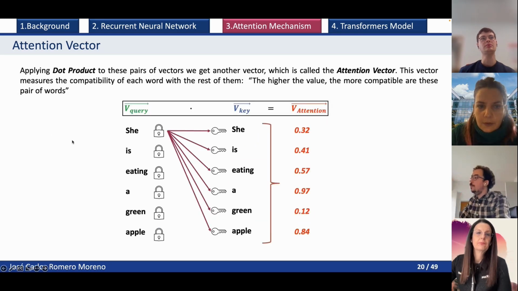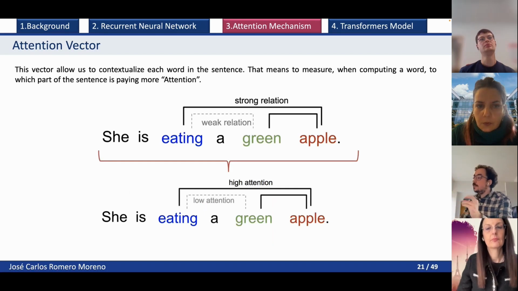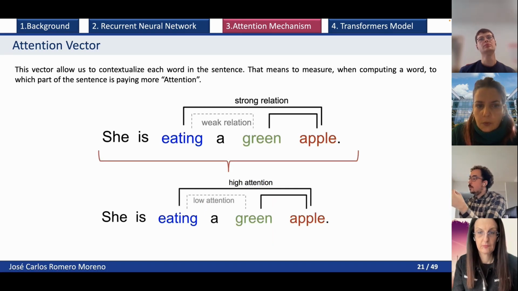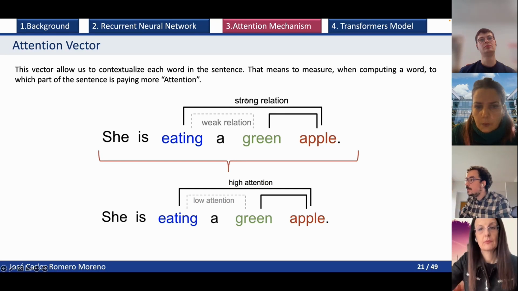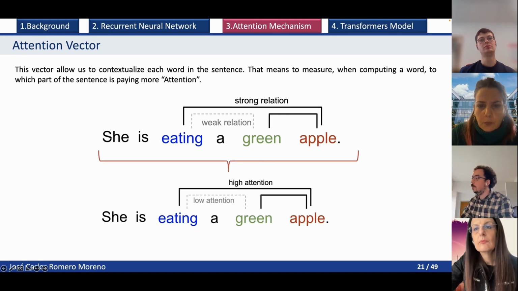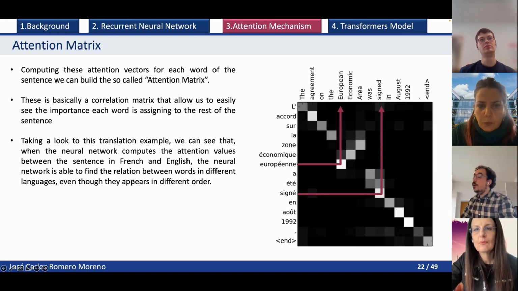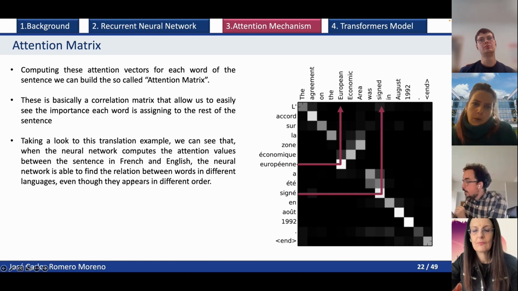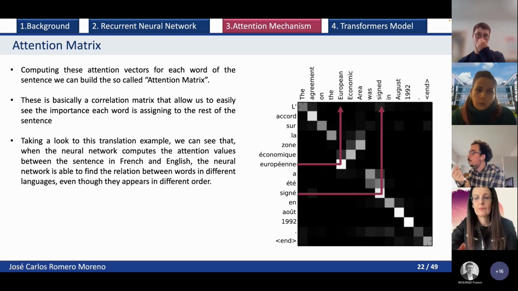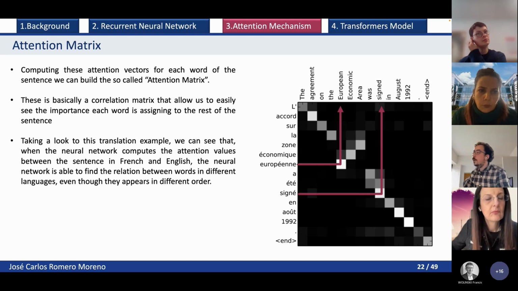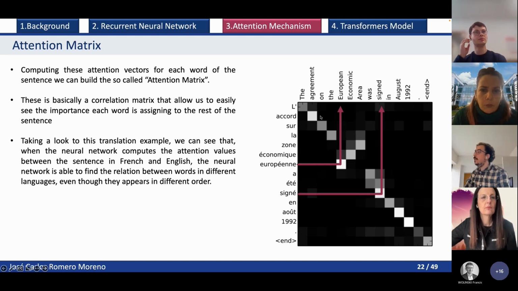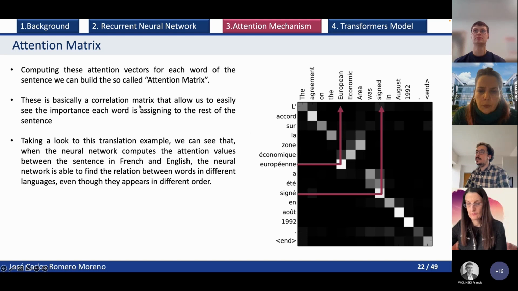We repeat this for all of the words. This value is called the attention value, and it is the actual value that gives us high attention or low attention between pairs of words. Just by computing this single value between pairs of words, we can easily see the relation between the words in a sentence.